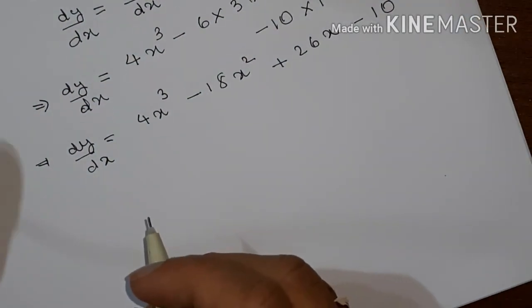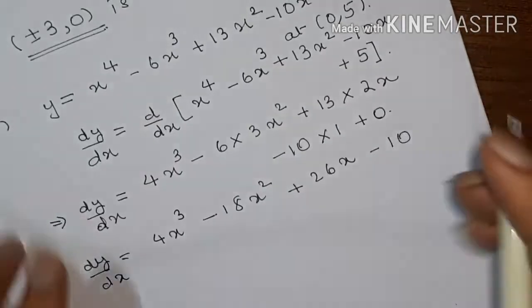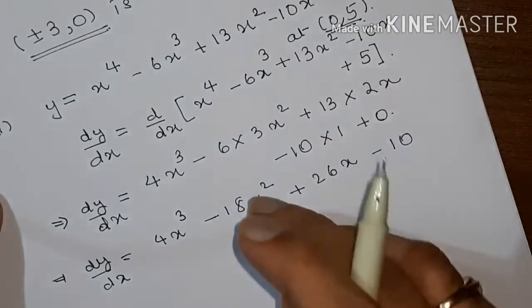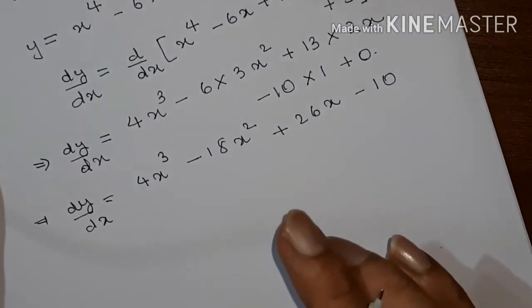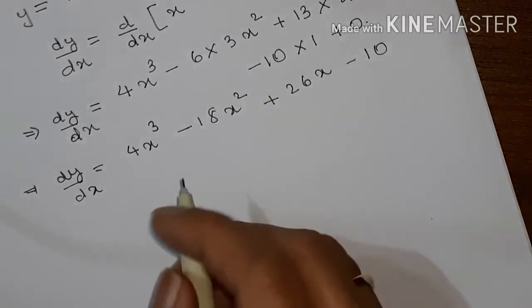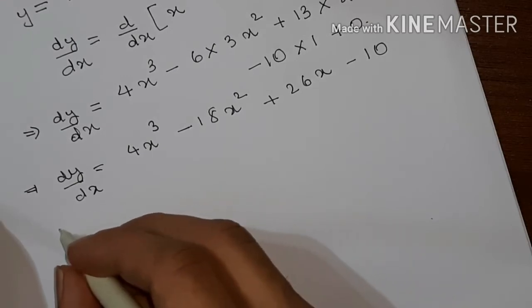Now we do not have to find the point, because the point is already given. At this point you have to find the equation of the tangent, so we have to find the slope of the tangent at that point first.